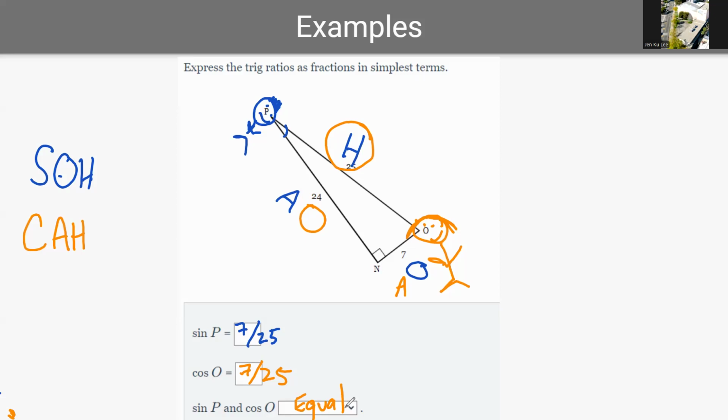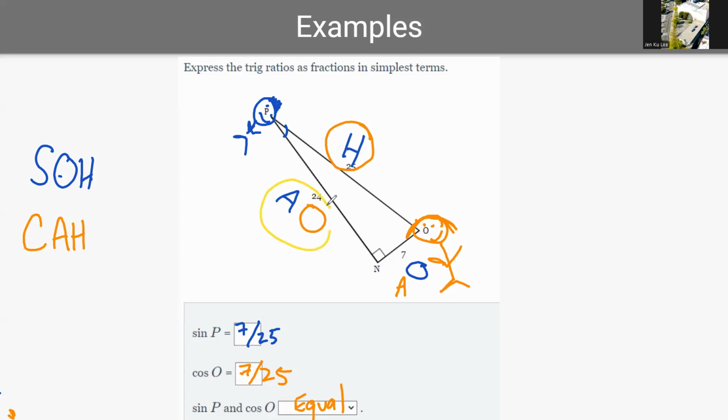So is this always going to happen? Is my O and my A always going to switch in terms of the viewpoint? 1 for yes, 2 for no. 1 for yes, 2 for no. Yeah, they're always going to happen, right?